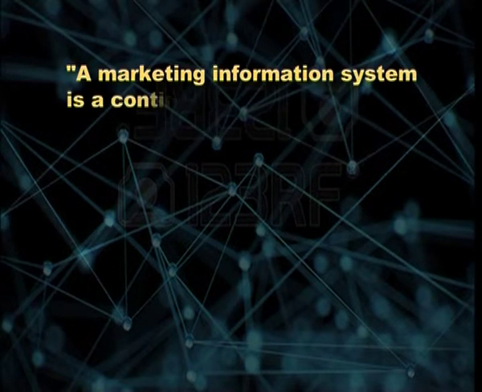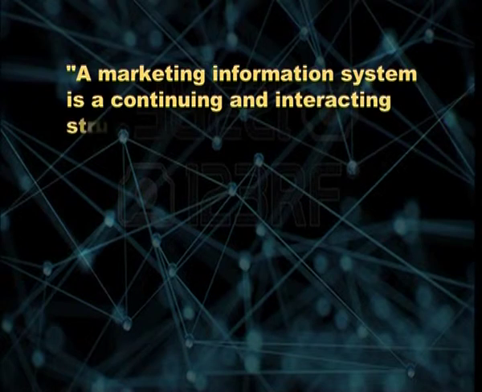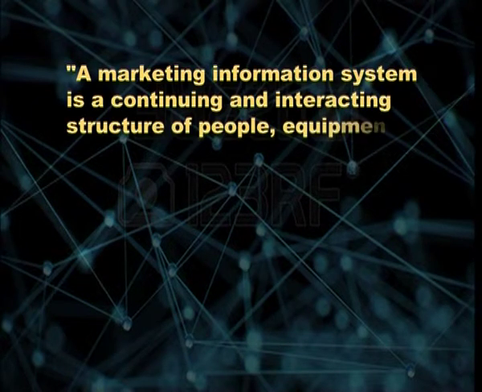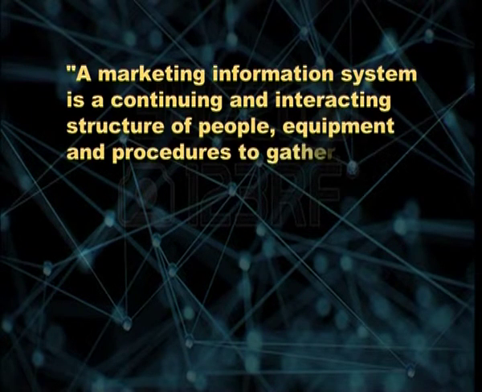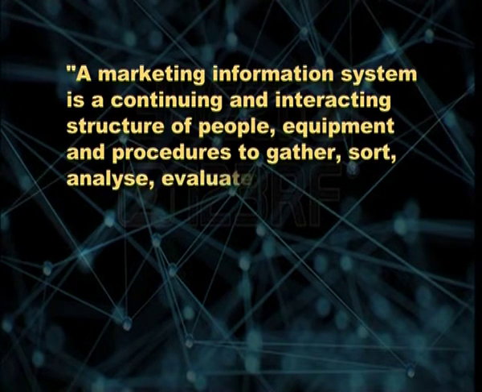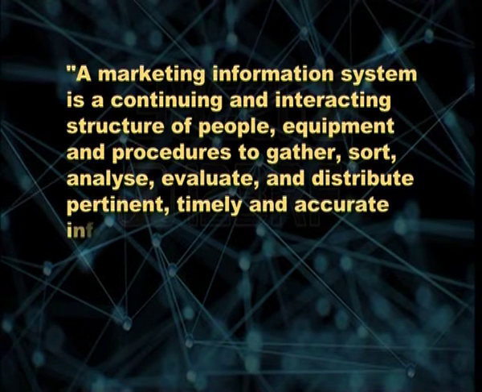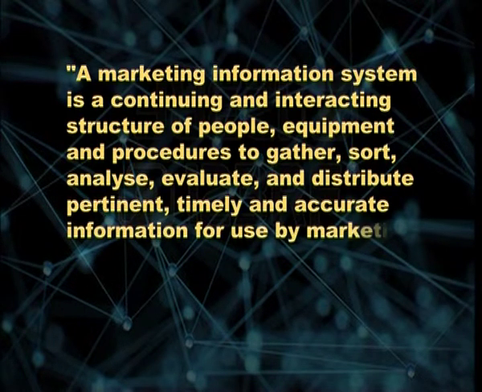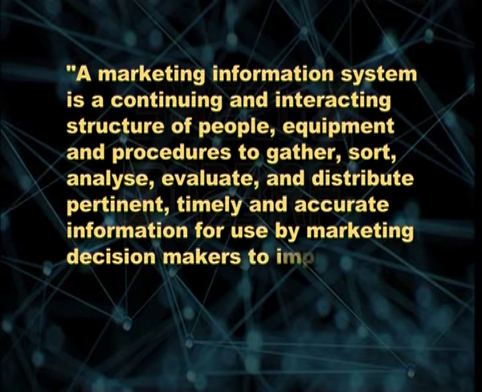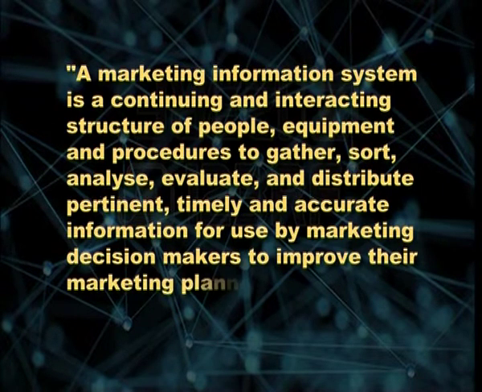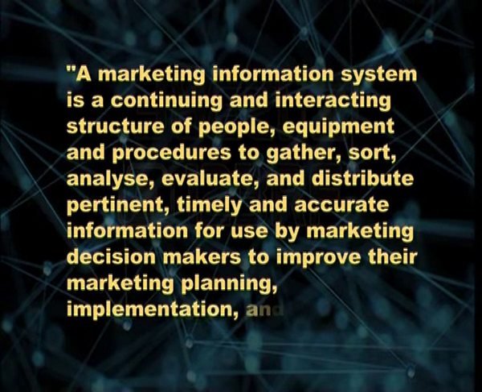A marketing information system is a continuing and interacting structure of people, equipment, and procedures to gather, sort, analyze, evaluate, and distribute pertinent, timely, and accurate information for use by marketing decision makers to improve their marketing planning, implementation, and control.